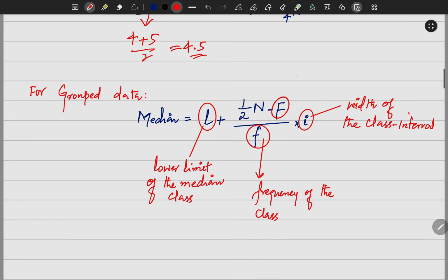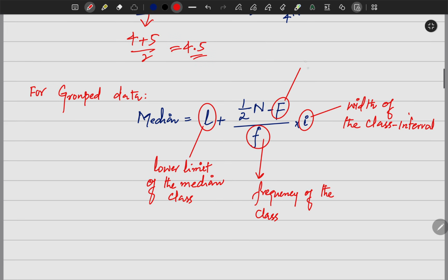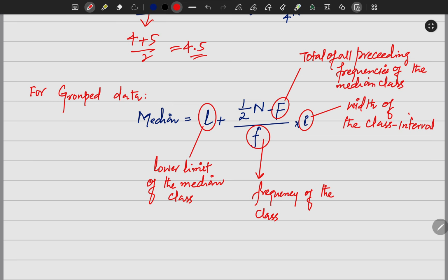This capital F is the total of all preceding frequencies of the median class. And this N is the total frequency of the data. It's not the observations, because we have grouped data.